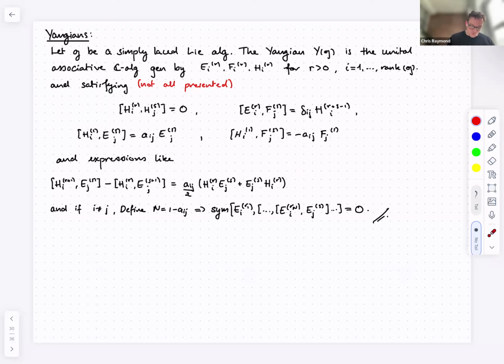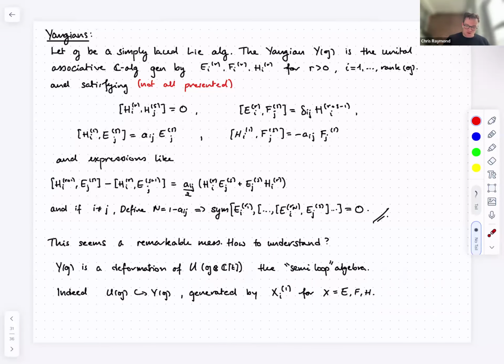Similarly, if i and j aren't neighboring each other, aren't equal to each other, then I can define some quantity like this. And I have something that looks like a Serre-type relation. That's reminiscent of that, but it's a little bit more complicated. I need to take some symmetrized sum over this whole mess. Nevertheless, I have some unital associative algebra, albeit ugly.